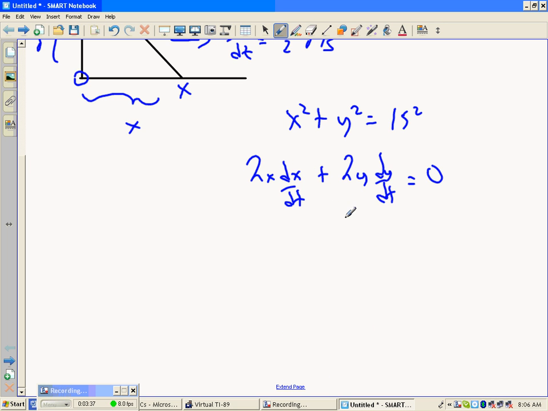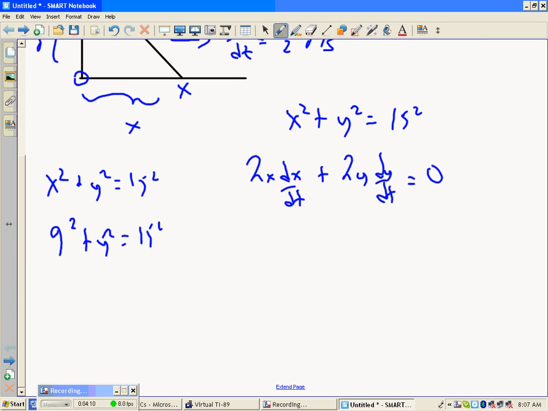Okay, so what do we know? Well, they said find out what's going on at the instant that X is 9. So we know that X is 9. We know that Z is 15. Can you figure out Y? You need it. Let's do it over here. X squared plus Y squared equals 15 squared. At the instant that this is 9 feet, you take a snapshot. So Y squared equals 15 squared minus 9 squared.